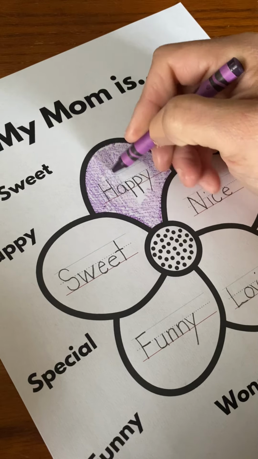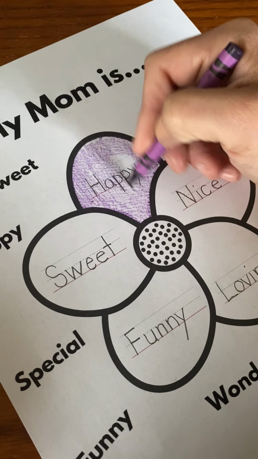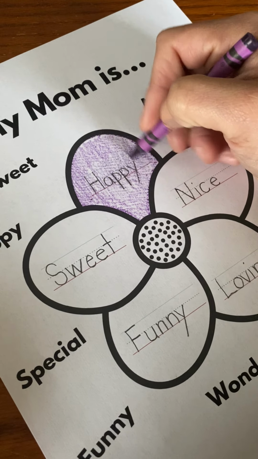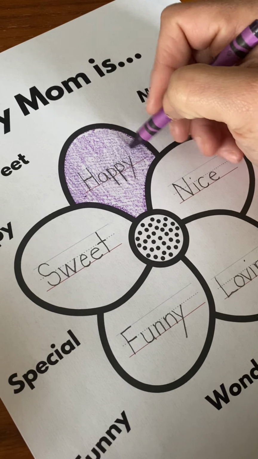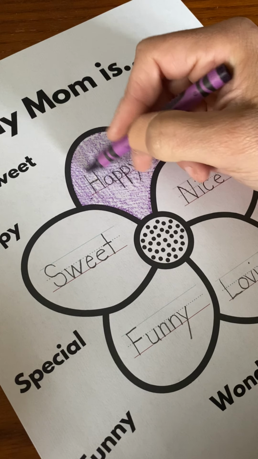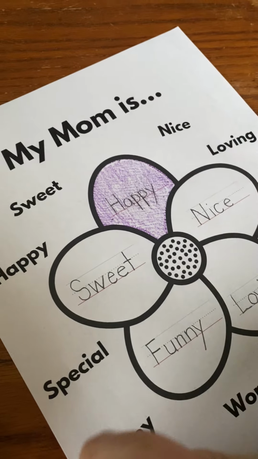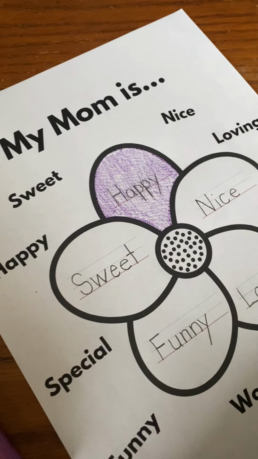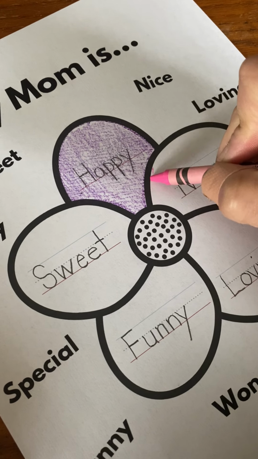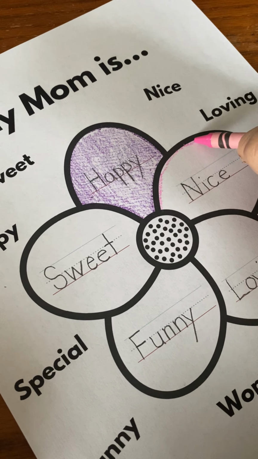And Miss Barbara is going to color right over her words, but that's because I'm using very light pressure on my crayon so that I can still see the word happy. I'm also going to use pink. So I'm going to outline first.